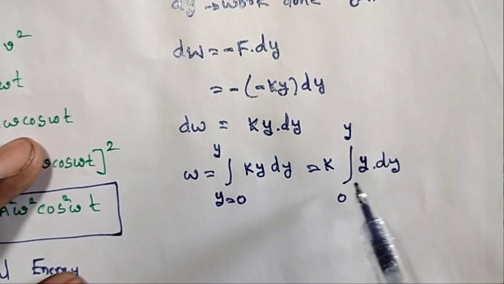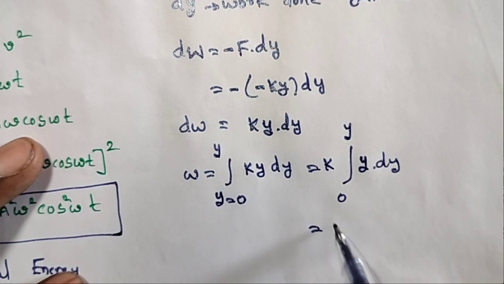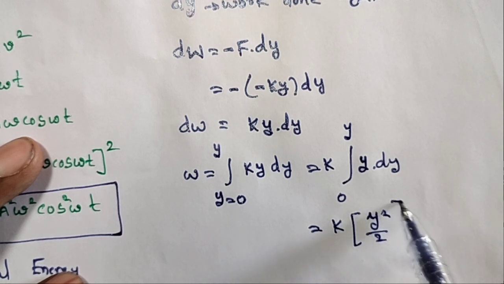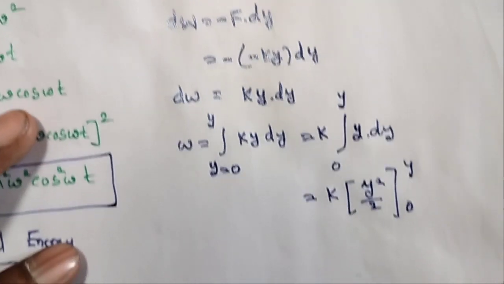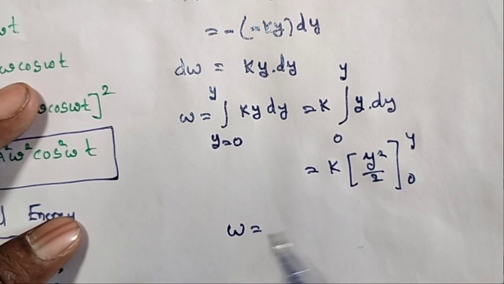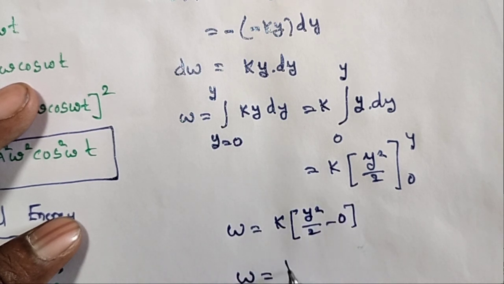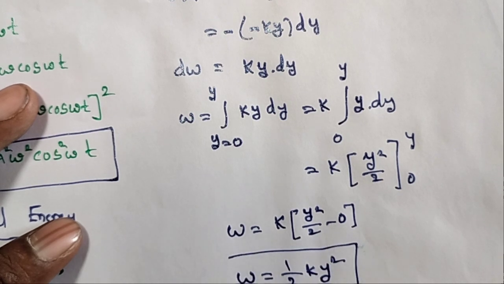The integral of y dy is y square by 2 with limits 0 to y. Finally, W is equal to k into y square by 2 minus 0. So W is equal to 1 by 2 k y square. This is the total work done.